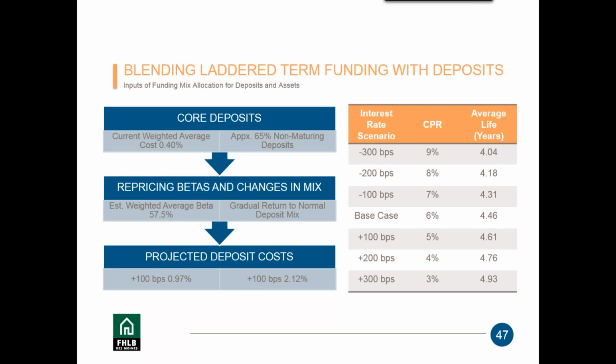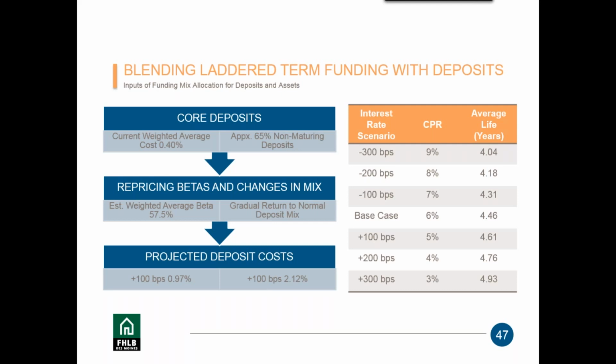So in this case, the average life of the asset we're going to be funding in a base case scenario is 4.5 years. We've assigned different CPRs for different rate scenarios as an example. Our weighted average cost of core deposits is going to be assumed at 40 basis points, and 65% of these deposits are non-maturing.